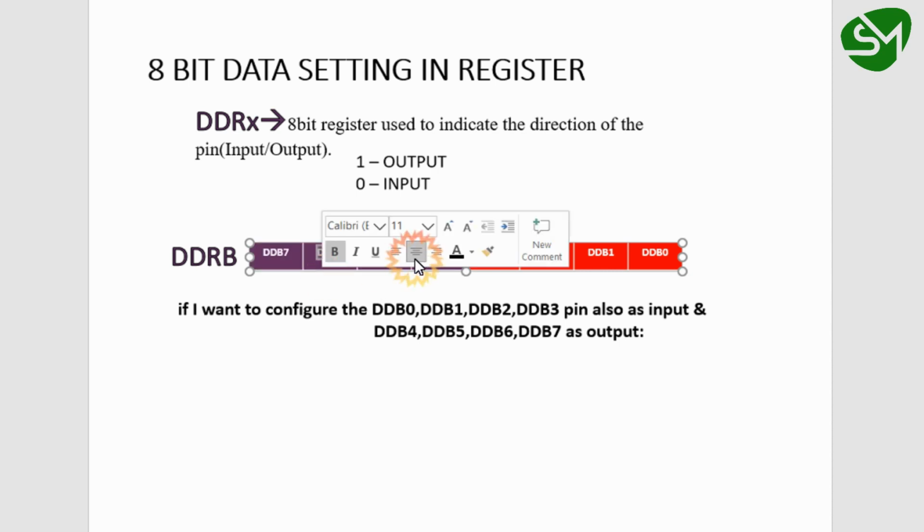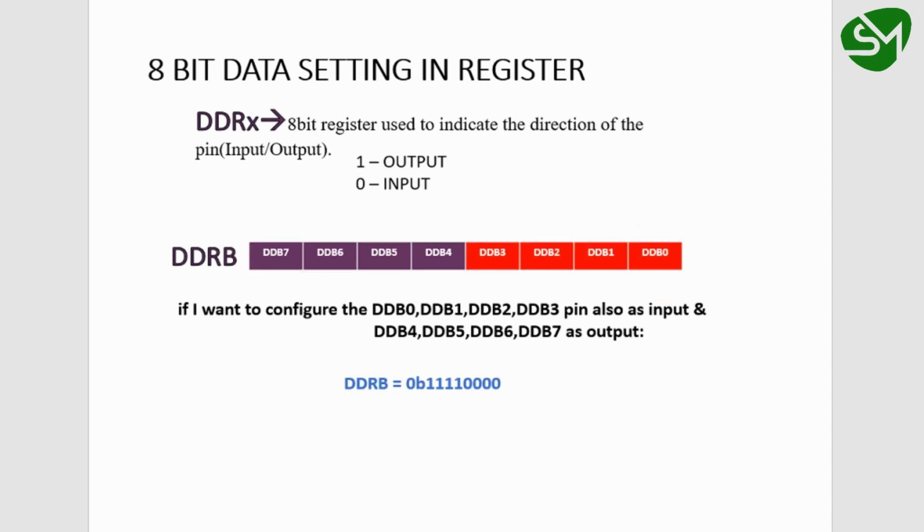What I can do is, I just want to write 1 to it and I just want to clear all these bits, right? For that, I can provide an 8-bit binary data directly to the DDRB register. That is, I can write DDRB equal to 0B11110000.